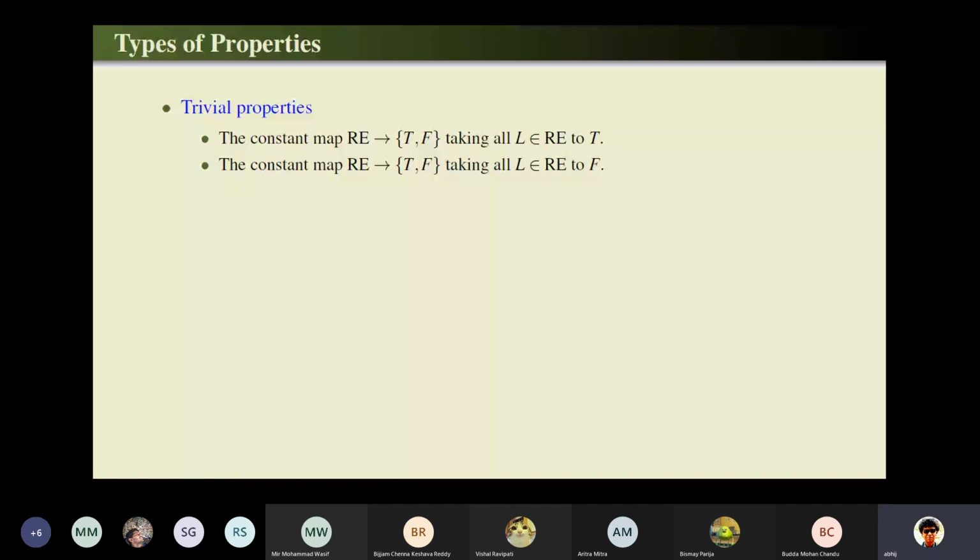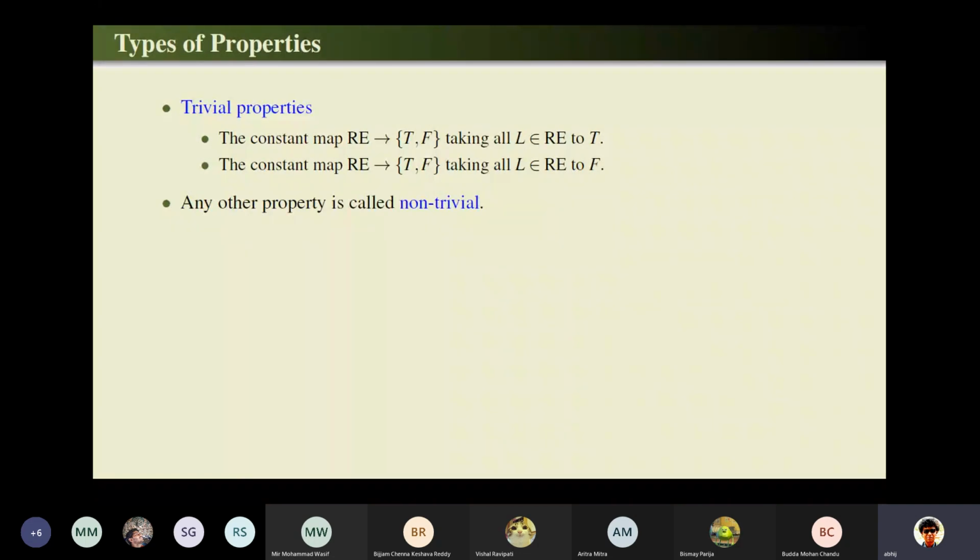Something like: an RE language is an RE language. This is a trivially true property. And the property that an RE language is not an RE language is a trivially false property. So these two are called trivial properties. Any other property is called non-trivial. What does it mean?